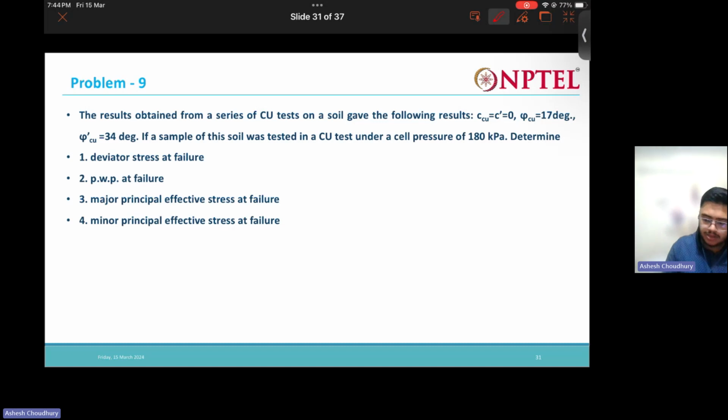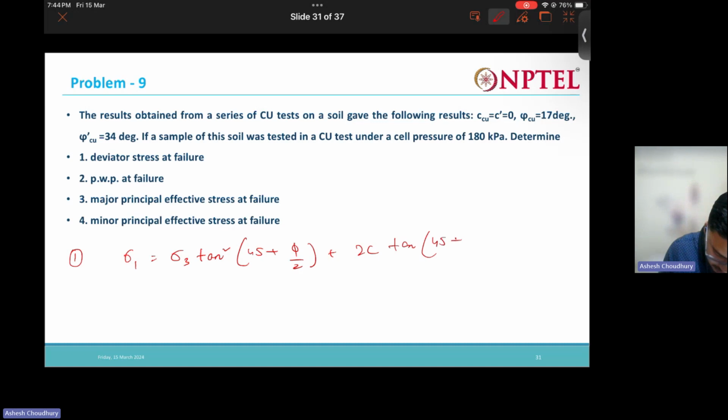Are you able to do it? See, all values are given. Just put the values in this equation. Okay, C is given as 0, right? Just put the other values.